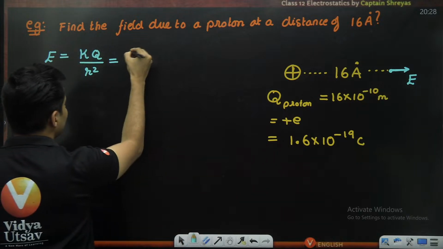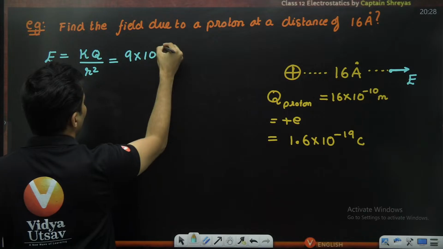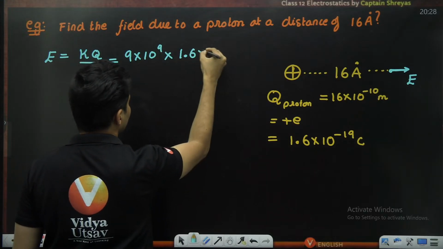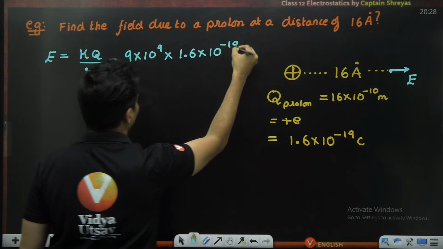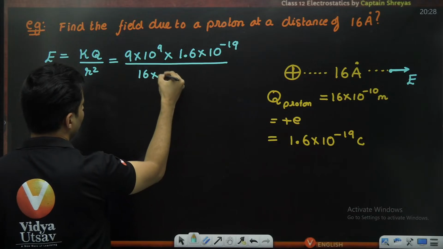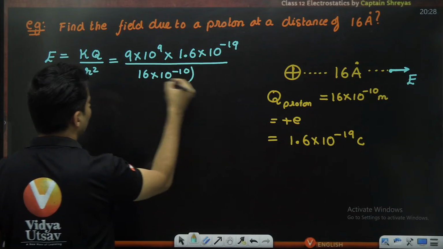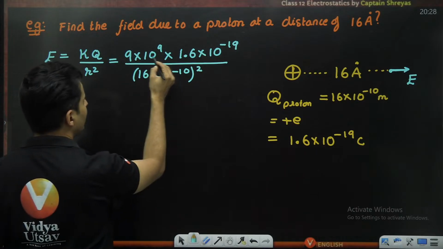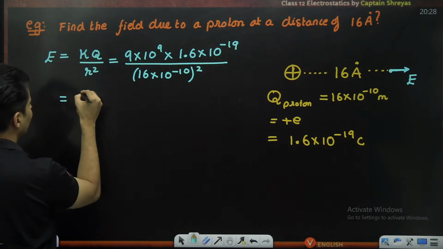K value is 9 into 10 to the power 9. Q value is 1.6 into 10 to the power negative 19. R is 16 into 10 to the power negative 10, but do not forget to square it. So I have an idea. This plus 9 and minus 19 will go away.